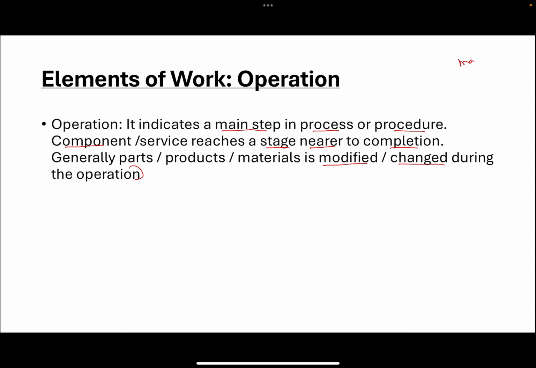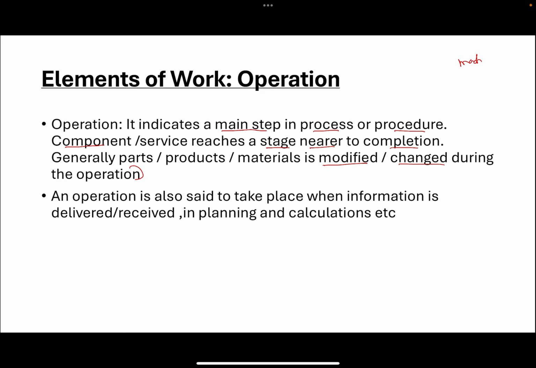For example, machining, turning, welding, riveting. These are all operations. So there are a lot of things. An operation is also said to take place when information is delivered or received, that is, in planning and calculations, etc.